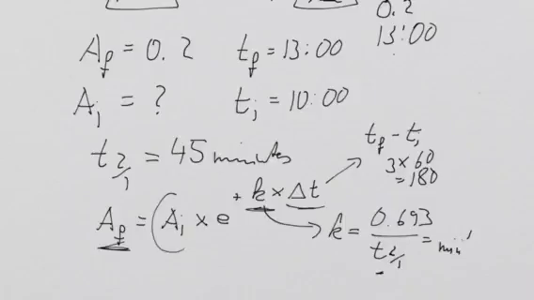And all we need to do is calculate what this A initial is. And then, once we've got the A initial, we can calculate simply how much of the starter culture we need.